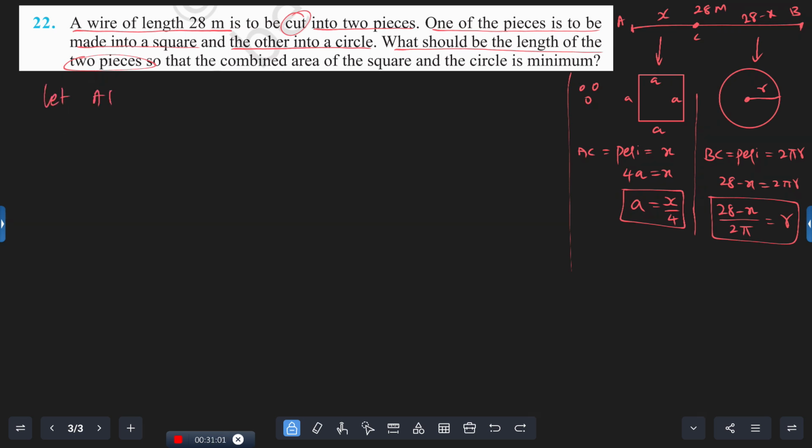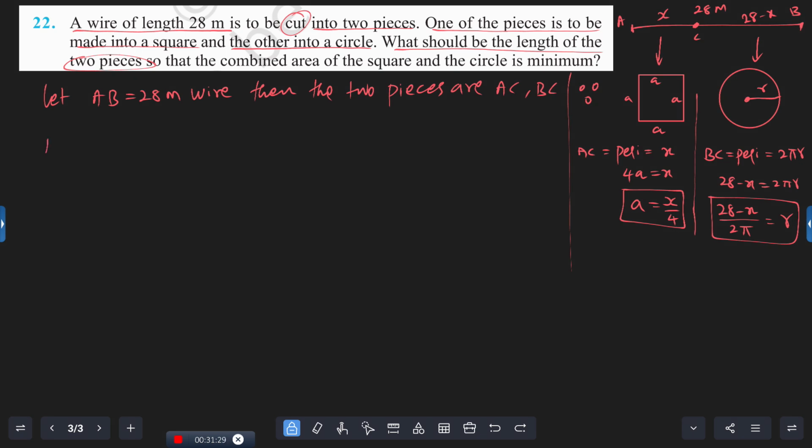Let AB equal to 28 meter wire. Then the two pieces are AC, BC. Okay, AC became a circle, and we have explained that limit.